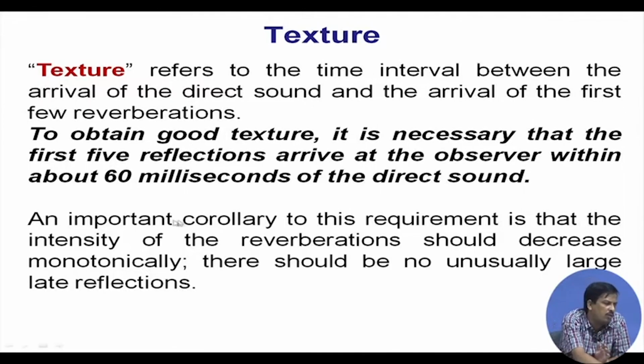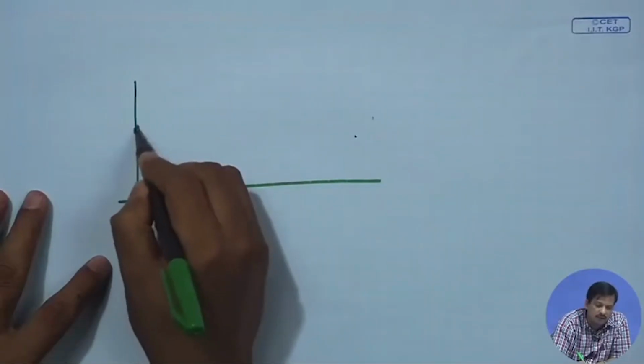So, an important corollary to this requirement is that the intensity of the reverberation sound should decrease monotonically. So, what is the meaning? Suppose this is the source.